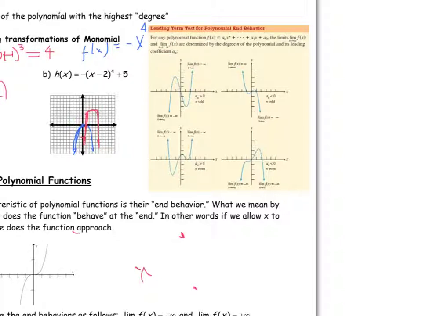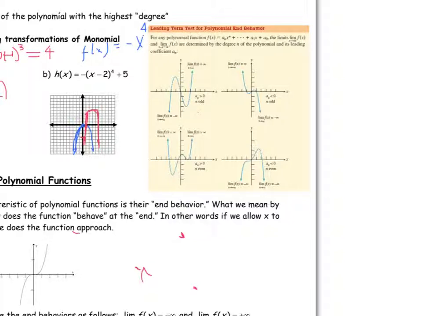I'm sorry, if it's an odd number greater than 1, like 3, 5, 7, 9, if your degree is odd, its end behaviors are going to look like that of a line. Let's look at this first graph. I kind of went over this, and you can go back and watch the end behavior.